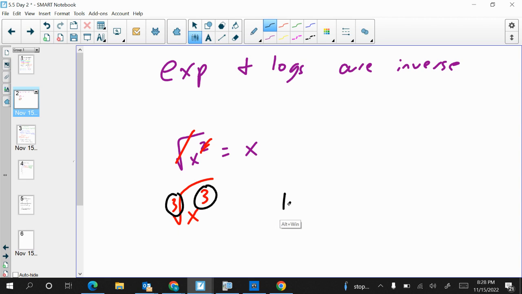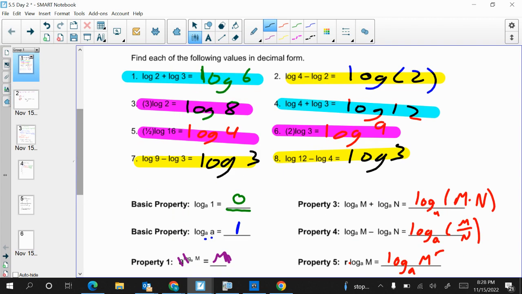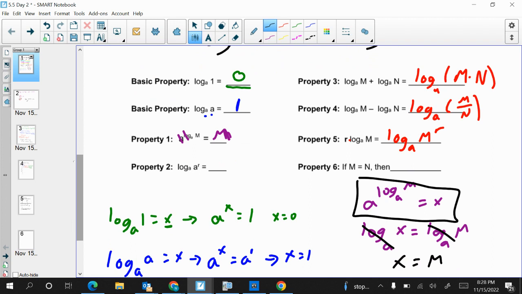The same way that the log base must be the same as the base, we'll call that a, as a to the whatever that base is. So the bases need to be the same in order for them to undo it. But when they are the same, they just undo it and you get out m. Now, if you don't remember that, it's okay, because you could just set up this equation and come out with it.